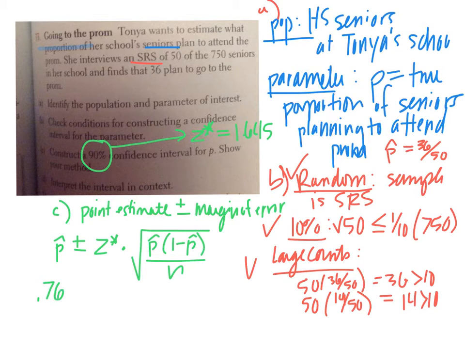That's 0.72. So I'll have 0.72 plus or minus 1.645 times the square root of 0.72 times 0.28 all over 50.